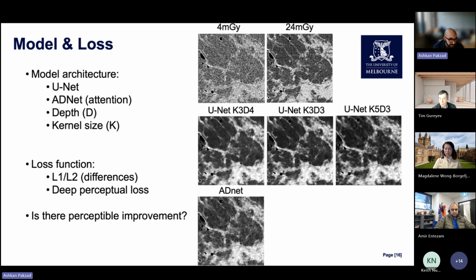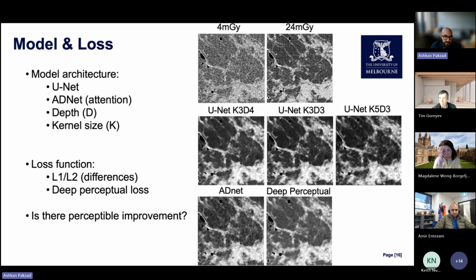And so we considered, for example, deep perceptual losses. So this is an advanced metric that uses another deep learning model to judge how different two images are. But we found that could produce quite a lot of artifacts. And so we went ahead with our slightly smaller unit.